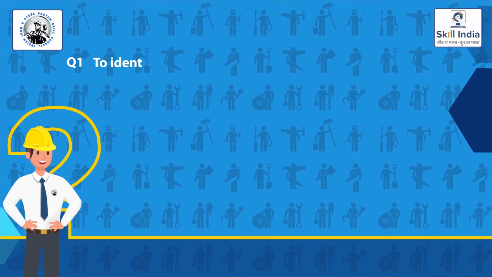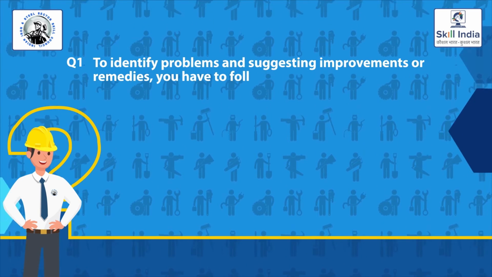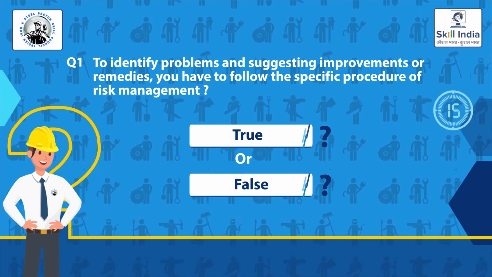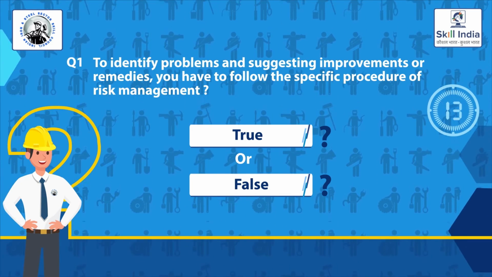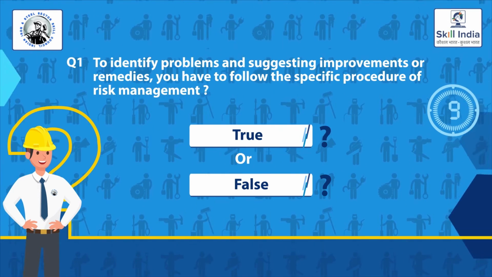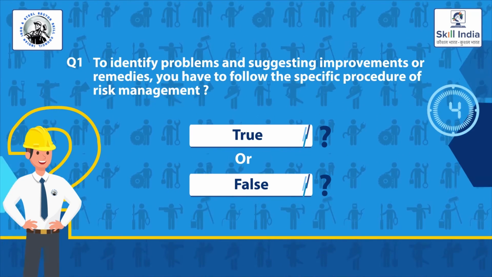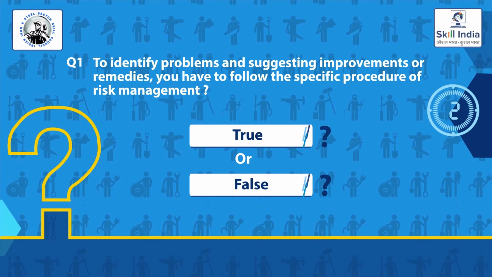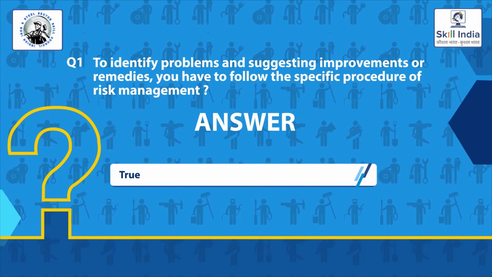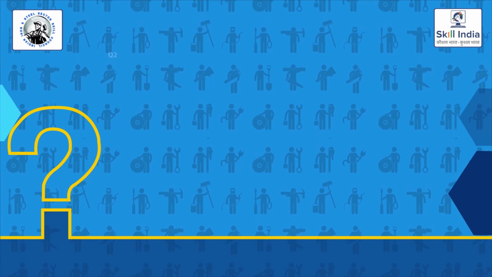Question 1. To identify problems and suggest improvements or remedies, you have to follow the specific procedure of risk management. True or false? Answer is true. Question 2.